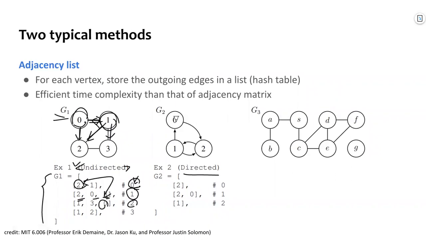So in the case of vertex 0, it only contains the vertex 2 because it is the only outgoing vertex. And when you see node 2, it does not contain 0. We do not have 0. However, if it were an undirected graph, then it would have included this one, like this. So we only store the outgoing edges.